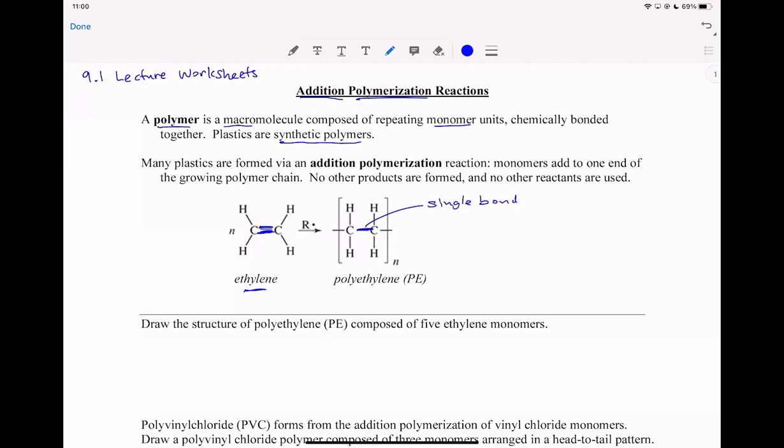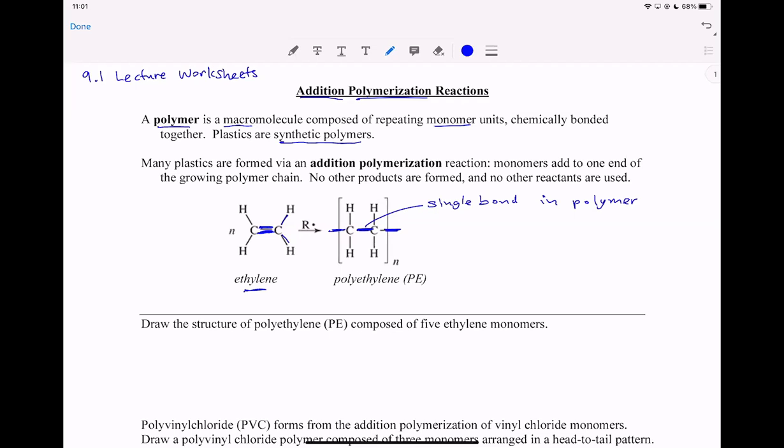And this is important because carbon can only have 8 electrons in the octet rule. So this is 8 electrons here in the monomer, but in order to still have only 8 electrons and not more and not less, this has to become a single bond. And this allows for bonding on either side of the monomer as single bonds.